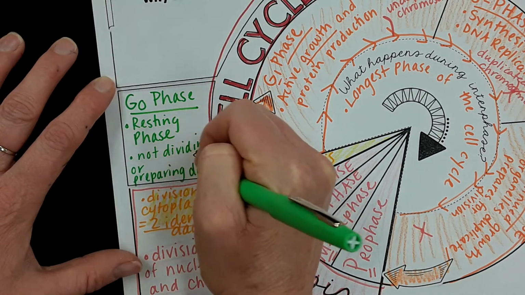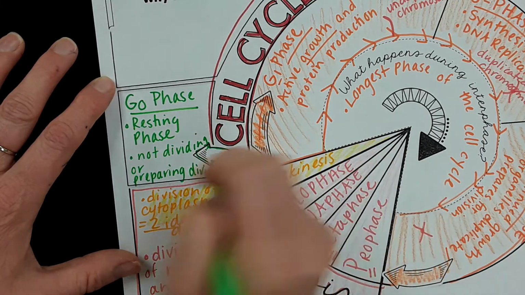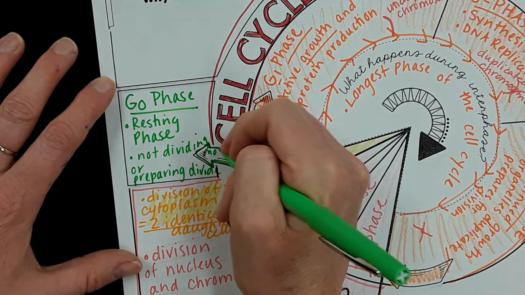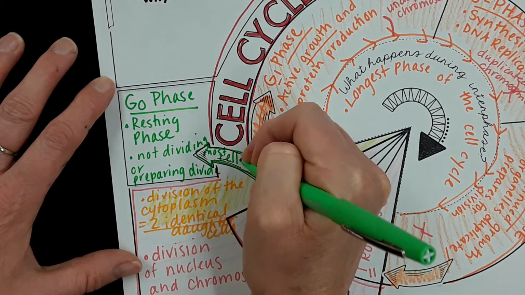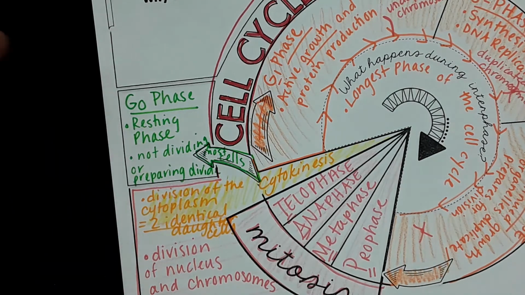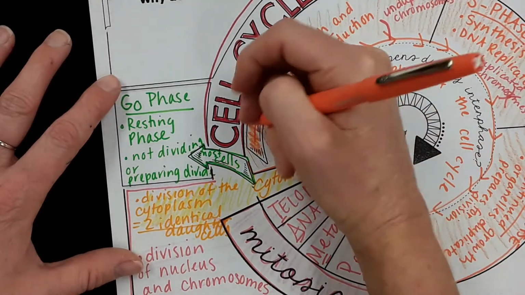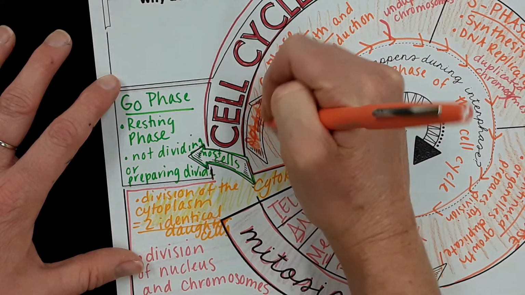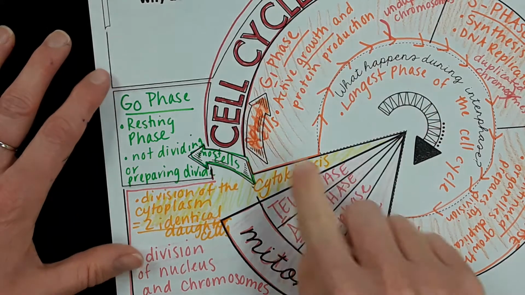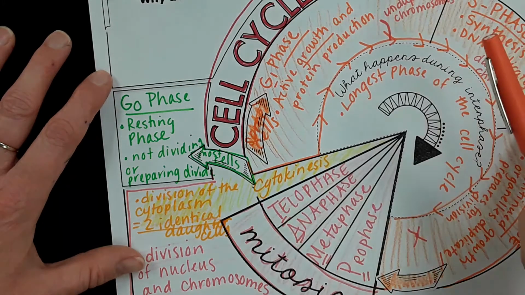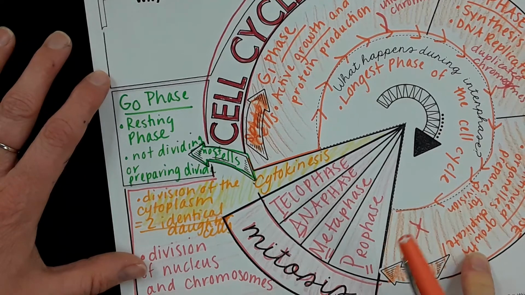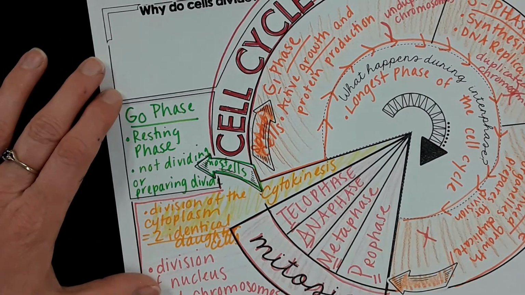They will go about their normal cell business, and this is what most cells do. Some cells might start dividing again. Some cells will eventually start going through that cell cycle: active growth, synthesis, G2, and then back into mitosis.